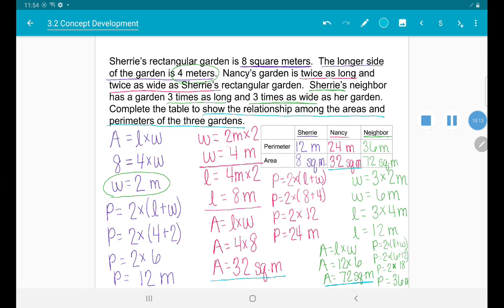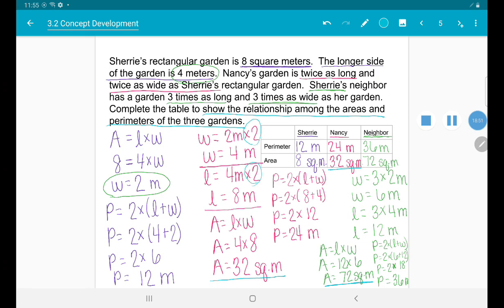Remember, we multiplied each times 2 to get from Sherry's garden to Nancy's garden. So we doubled that, but the area didn't double. To get from the area of 8 to an area of 32, that's not doubled. It's actually quadrupled. It's 4 times as large. 8 times 4 gets me to 32. So you could put the area of Sherry's garden inside of Nancy's 4 times.